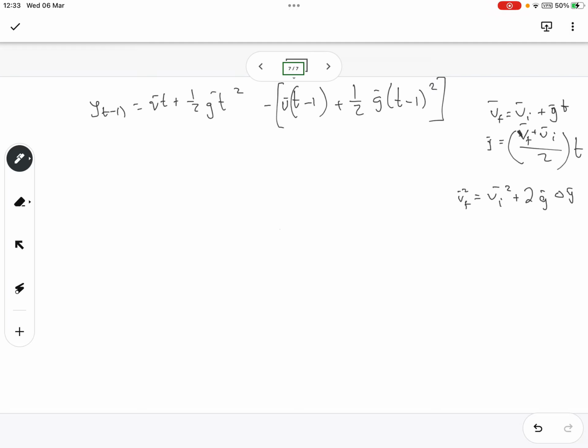So I think there's some sense there. So what does this thing say?